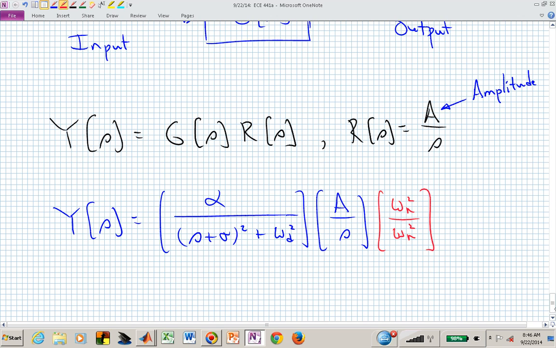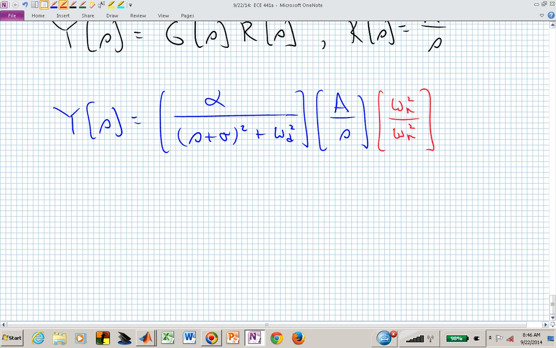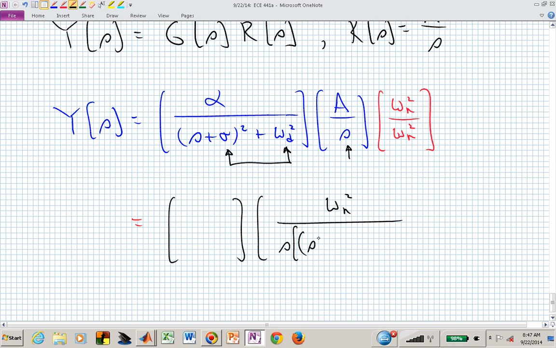Which now allows me, if I put these pieces together, to find an expression that is simply omega sub n squared over, and this piece right here is omega sub n squared, isn't it? And so I'm going to have s, which is this guy, and then the denominator, s squared plus 2 zeta omega sub n s plus omega sub n squared.